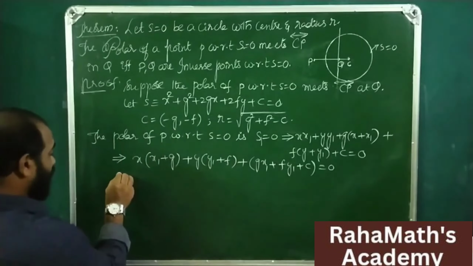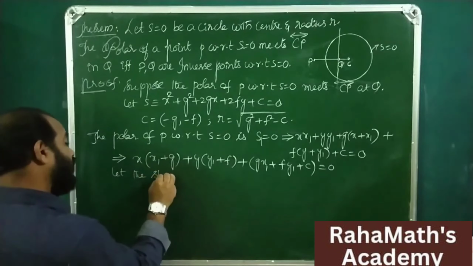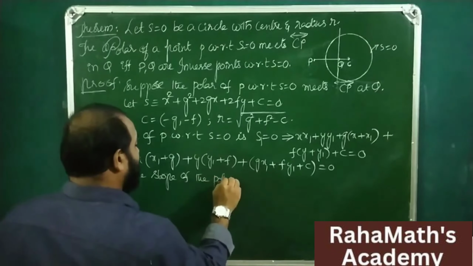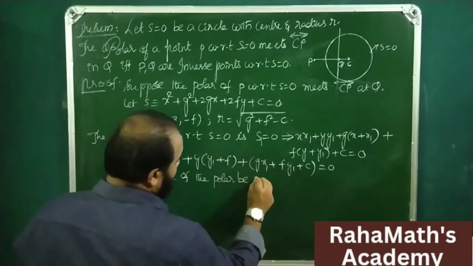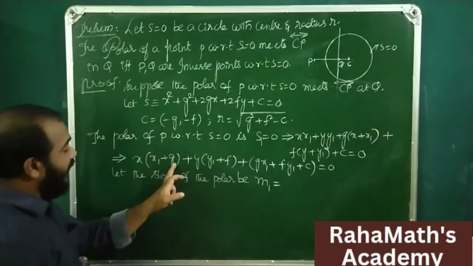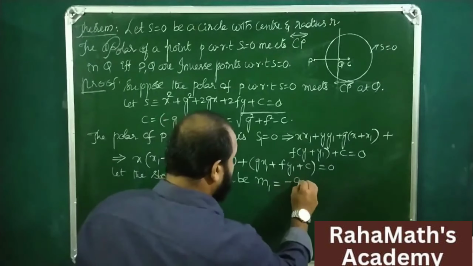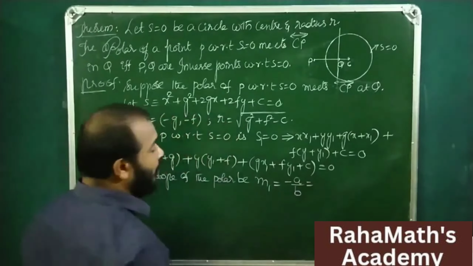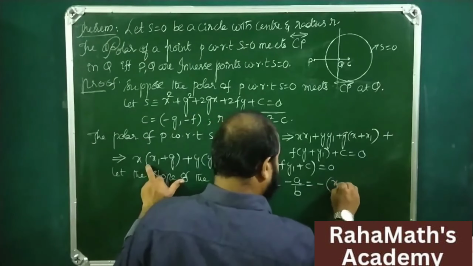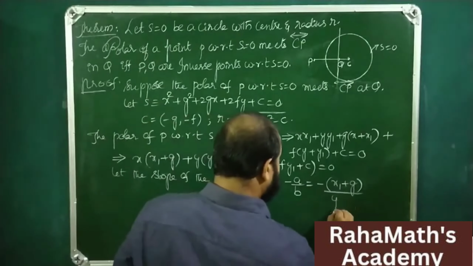So therefore, let the slope of the polar be m1. What is the slope of ax plus by plus c equals to 0? Minus a by b, minus x coefficient by y coefficient. So m1 is minus (x1 plus g) by (y1 plus f).